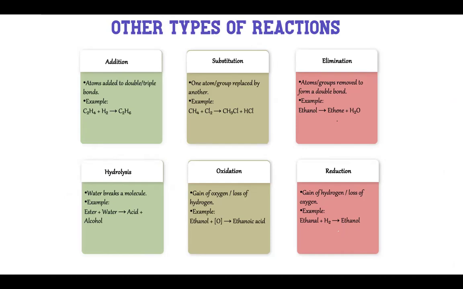Elimination is whereby an atom or group is removed to form a double bond. And hydrolysis is where water breaks a molecule. Oxidation is a process of gain of oxygen or loss of hydrogen. And finally, reduction is the process of gain of hydrogen or loss of oxygen.